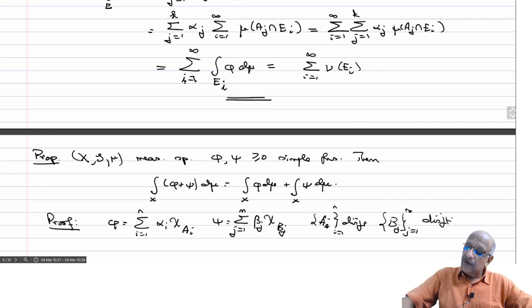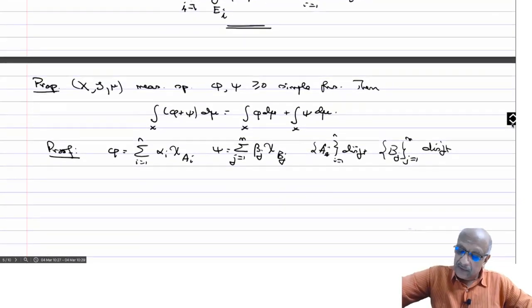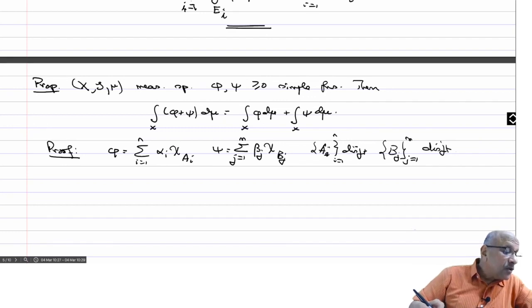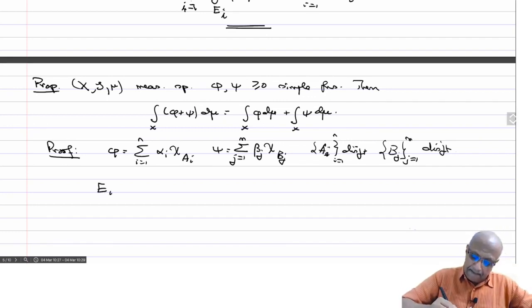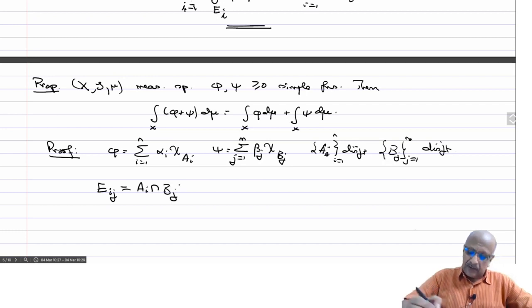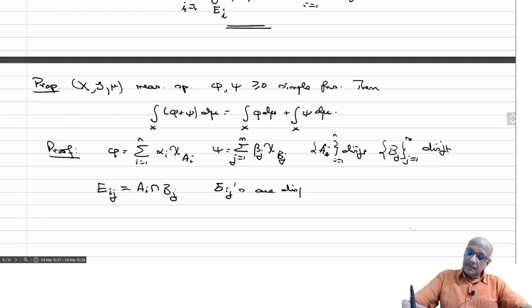We can write these in many forms, as I said, and you can always write them in terms of disjoint sets. So now you set E_ij equal to A_i intersection B_j. Now the E_ij's are disjoint. Outside the union over i equals 1 to n and j equals 1 to m of E_ij, phi and psi are both 0.